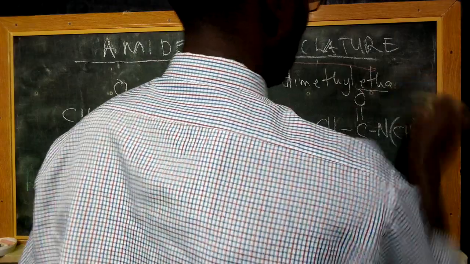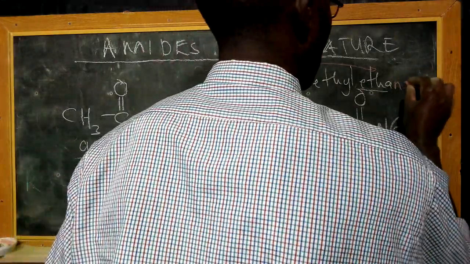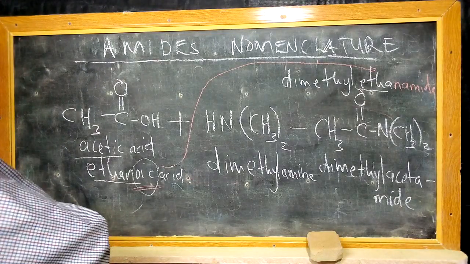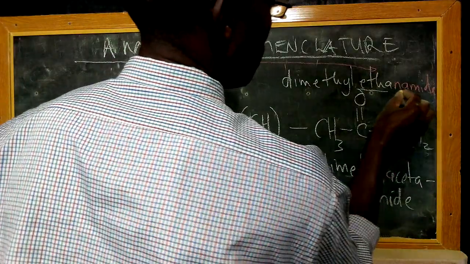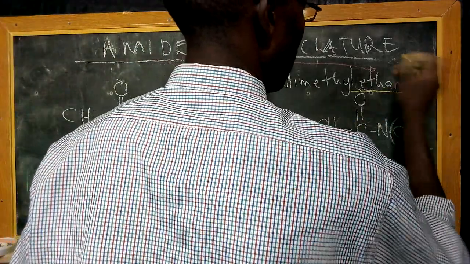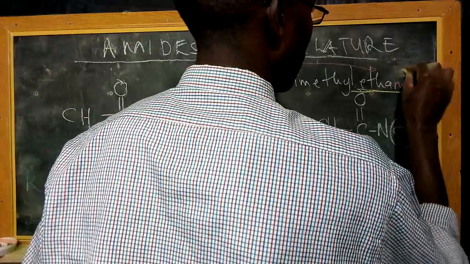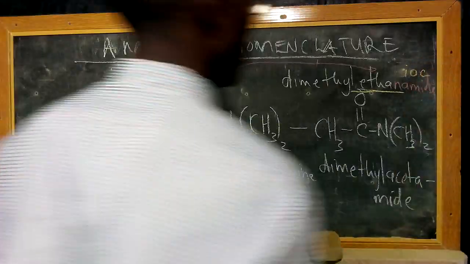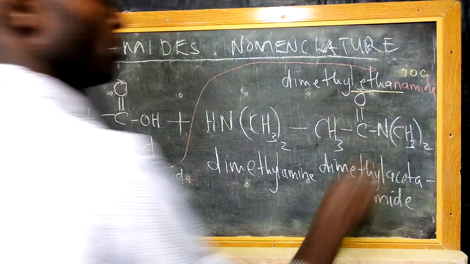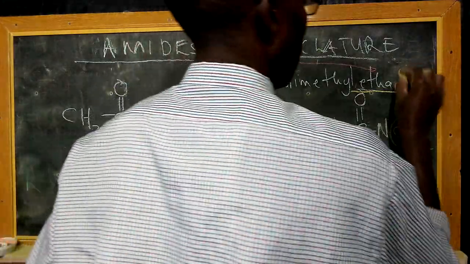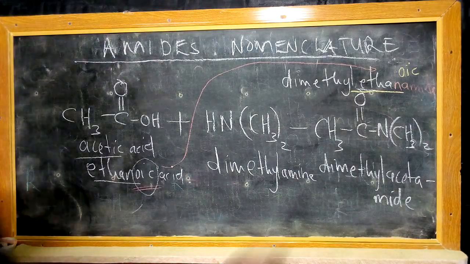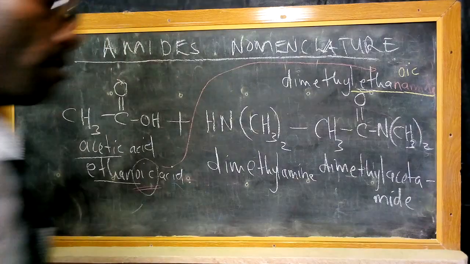Ethanamide. So this section of the name from here was ethanoic acid, ethanoic acid, and this has been replaced by the term amide.